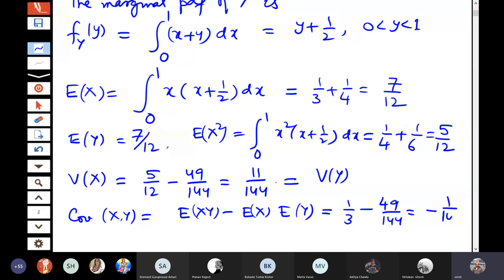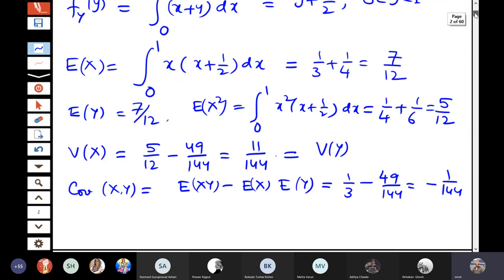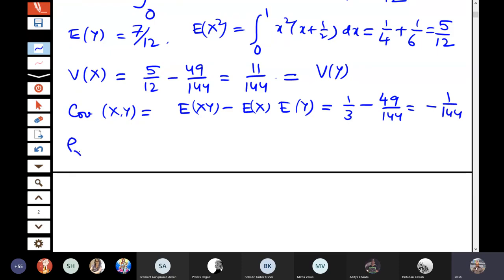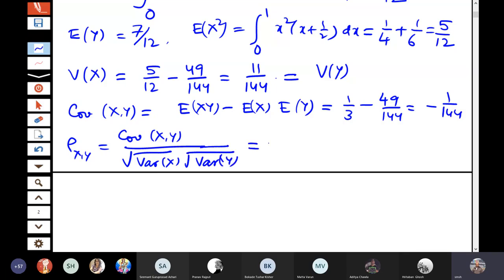That is minus 1 by 144. So rho xy, that is covariance between x and y, divided by square root of variance of x into square root of variance of y. So that is equal to minus 1 by 11. So this is the coefficient of correlation between x and y here.